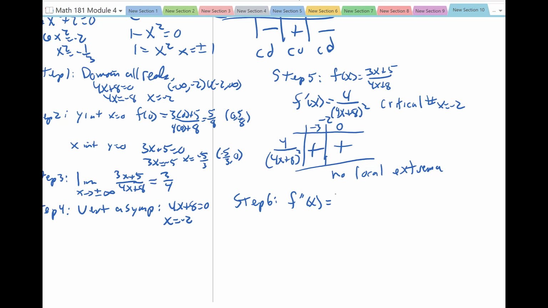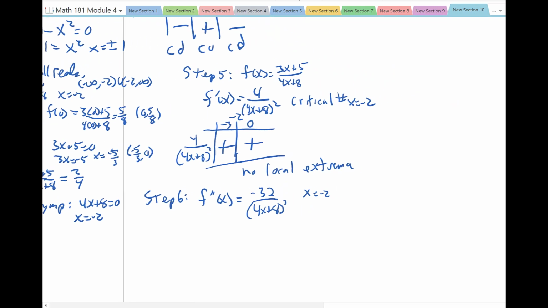I took the derivative again, and I'll be honest, I got strangely different results for taking the original function's second derivative versus taking this derivative as the function. So my second derivative, I had negative 32 over 4x plus 8 to the third power. And again, the only value that we can really explore is x equals negative 2.